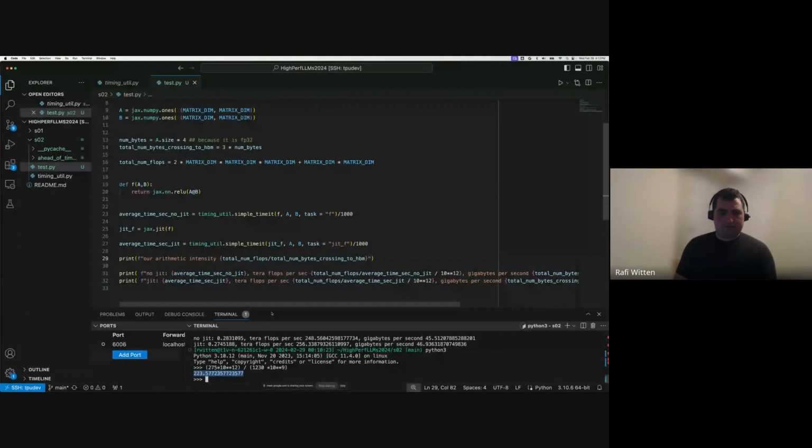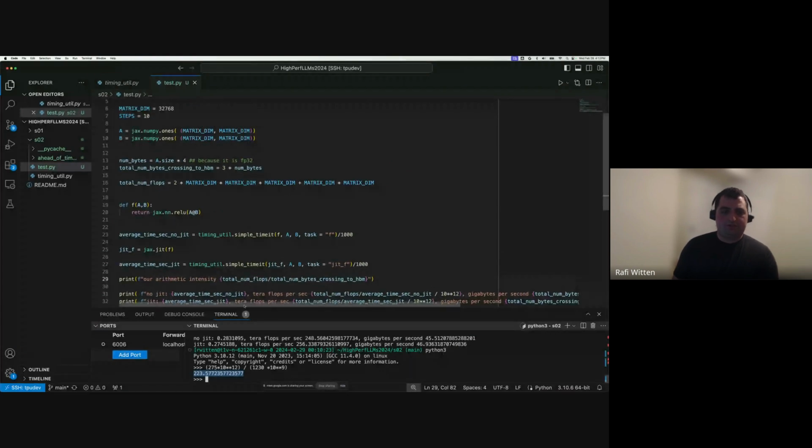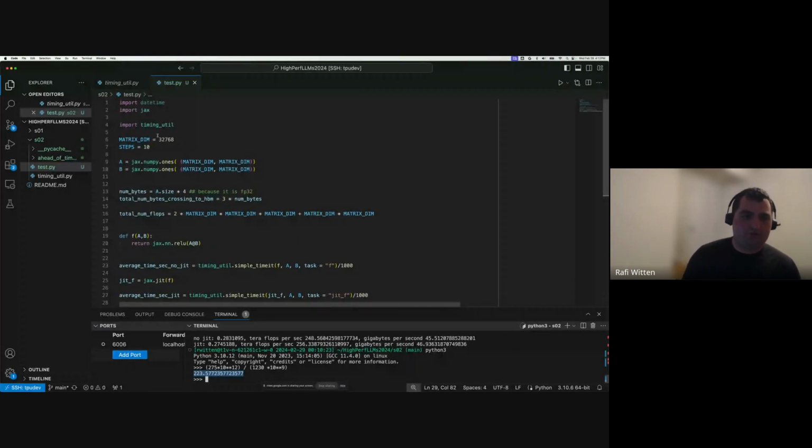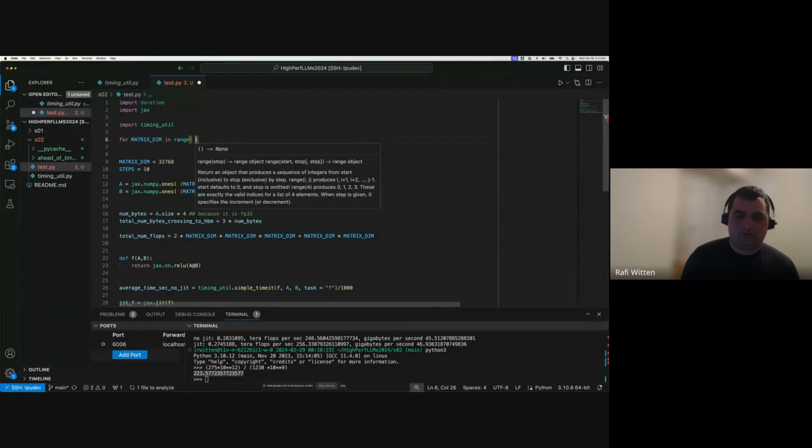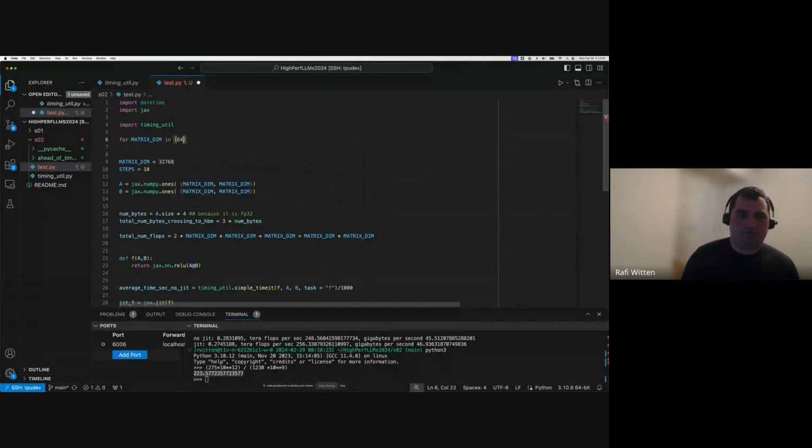Cool, let's now just sweep this through. So let's do for i in range, and matrix dim, let's call it, in 64, 128, 256, 512, 1024.